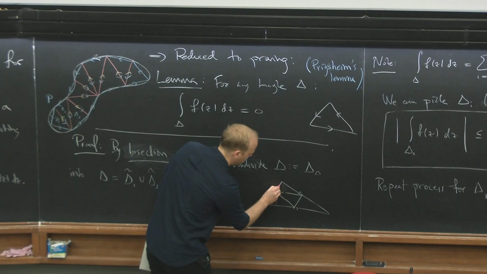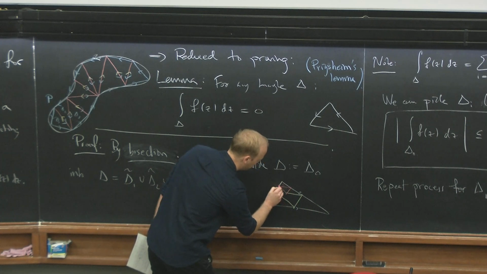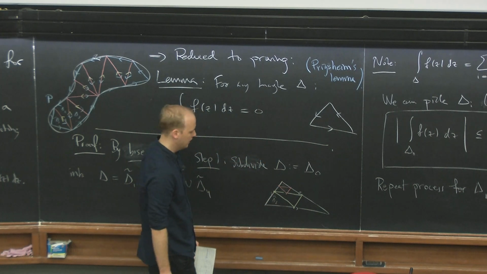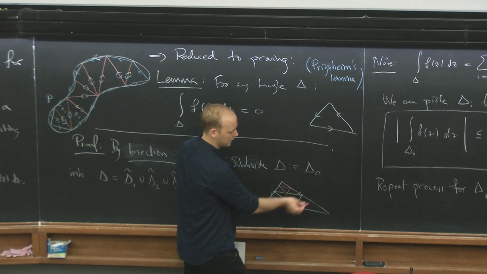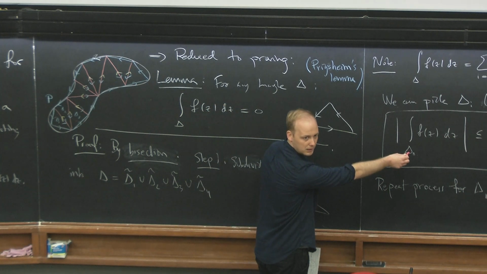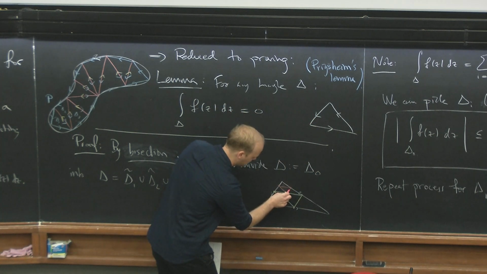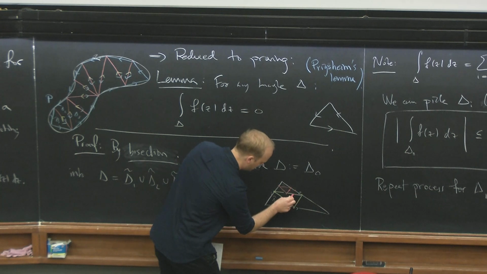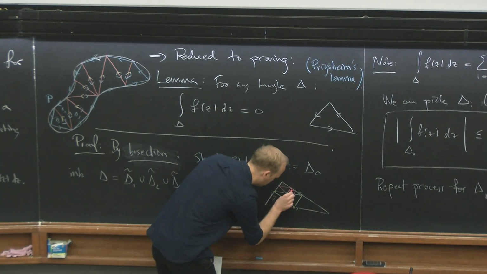Then we take the top one and we subdivide this one into 4 parts. We get a new subdivision into 4 triangles. Then we know that there has to be one of these that satisfies this inequality here, okay? And then we pick this one. So now let's say it was this. Okay, so we subdivide this one. We get a new subdivision into 4 triangles, and so on and so forth. Now let's say it was the middle one, okay?